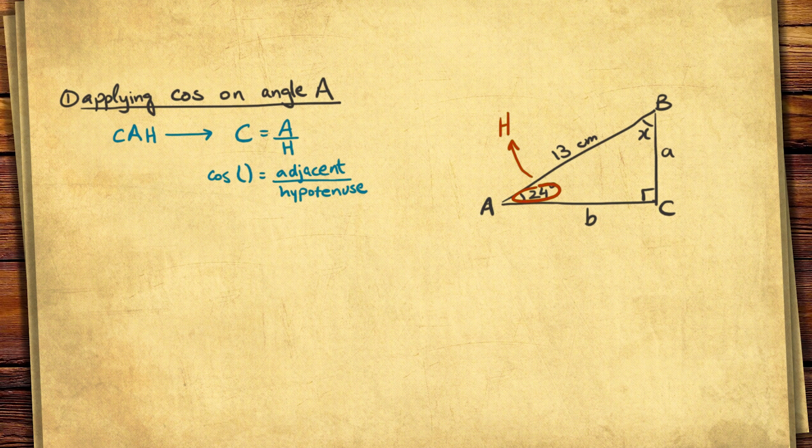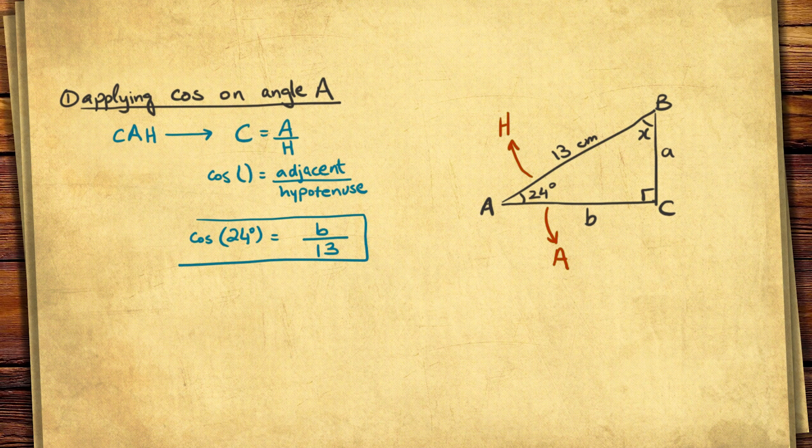Now the adjacent side to this angle, angle A, is this side, the side that is right next to it. We mark it as capital A, adjacent. So the cos of angle 24 degrees is equal to the adjacent side, that is side b, divided by the hypotenuse, that is 13 centimeters.